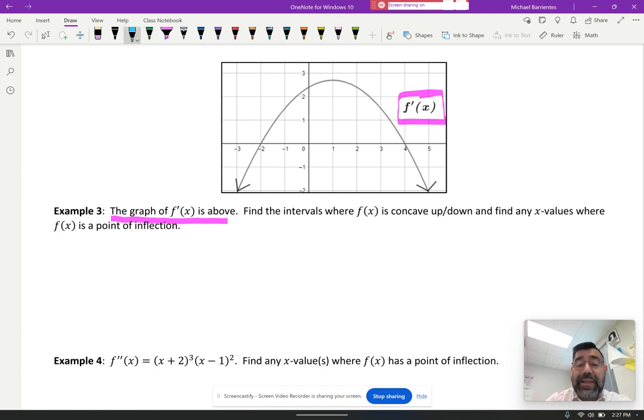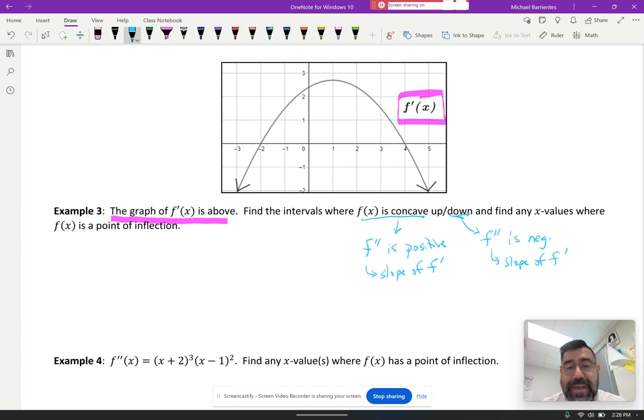Remember that when f of x is concave up, that means the second derivative is positive. But the second derivative is the slope of the first derivative, right? And I know it's concave down when the second derivative of f is negative, and the second derivative is the slope of f prime, which is what we're given.